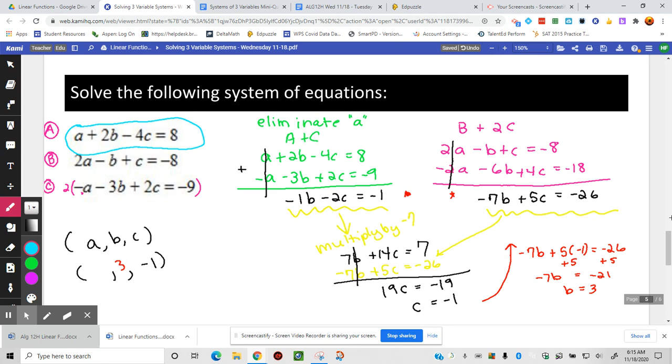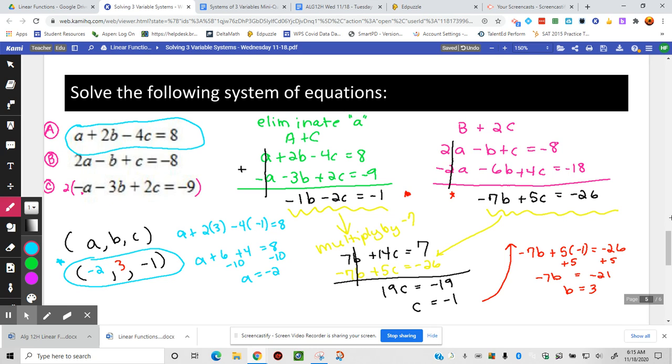So I get A plus 2 times B, which is 3, minus 4 times C, which is negative 1, equals 8. Or A plus 6 plus 4 equals 8. Minus 10, A equals negative 2. Perfect.